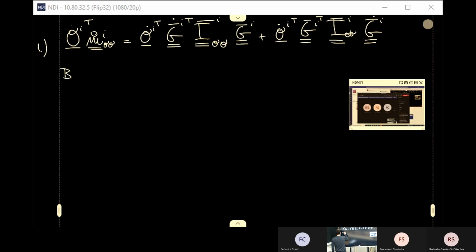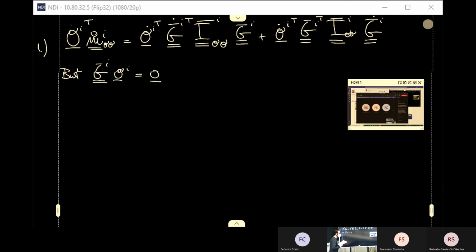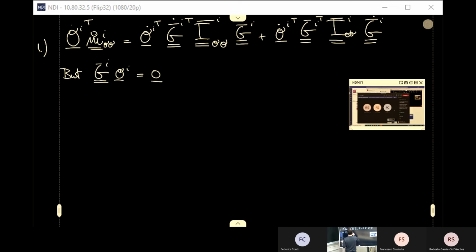But the following holds: G_i applied to theta is 0. This is an identity which can be demonstrated.